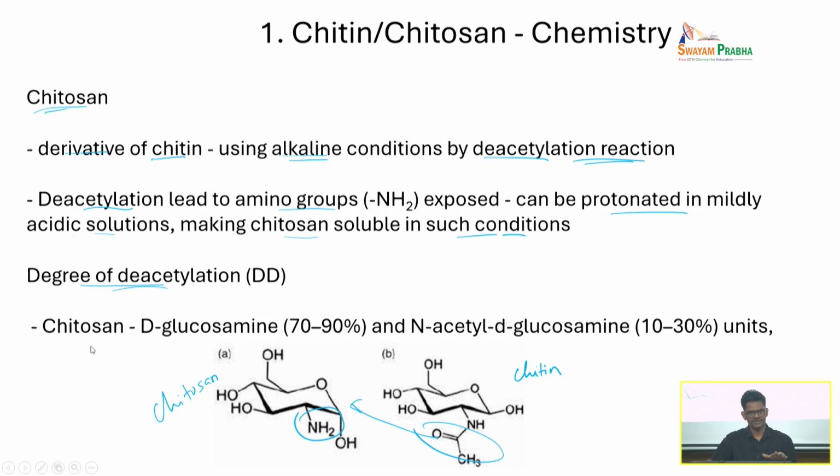Typically even in chitosan, 100% is not deacetylated, it's only 70 to 90% deacetylated. When it is deacetylated, it is called D-glucosamine. So this is the molecule, and the remaining 10 to 30% will be in the native form. That means when you buy chitosan, you have to look for the degree of deacetylation in this material. This ratio seems to be 70 to 90% deacetylated and 10 to 30% in the native form.